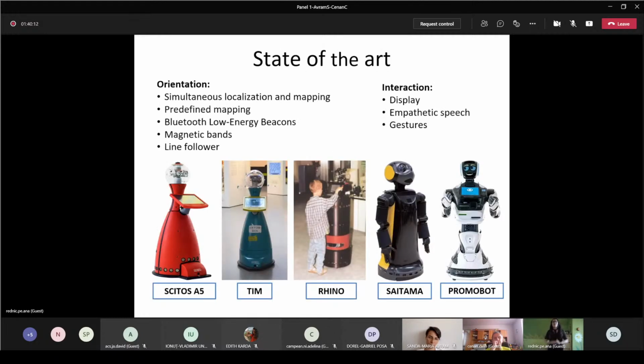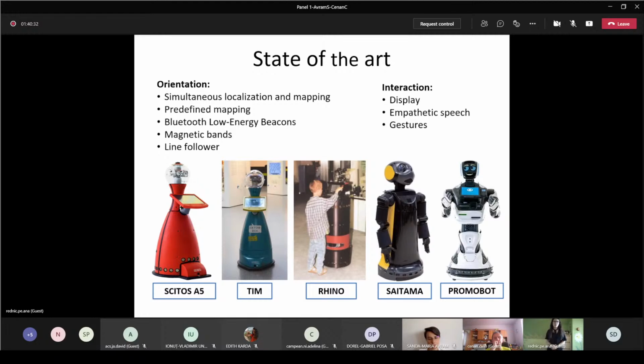Of course, this is not the only concept in the world. There are others. But according to the director of the museum in Baia Mare, there are no other robots like this in Romania. The ones presented on the slide use various algorithms to orientate themselves in dynamic environments.